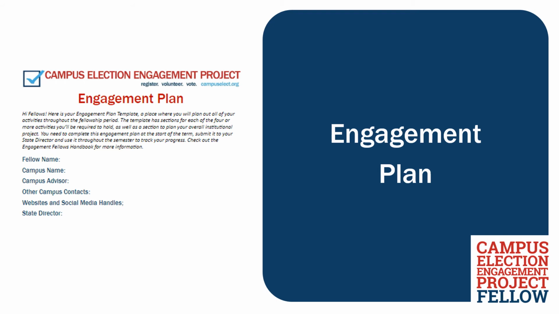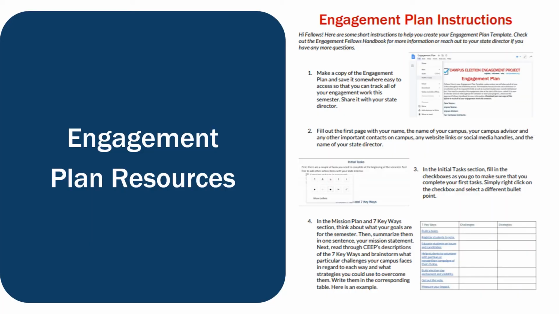Review your engagement plan regularly. Once a plan is made, create a timeline for the tasks, tactics, and strategies leading to the ultimate goal. Check back in with your team to report on successes and discuss what isn't working, adapting the plan as necessary. You can find some sample engagement plans in the Fellows Google Drive. To help you create your own engagement plan, you'll be provided a couple of engagement plan resources.